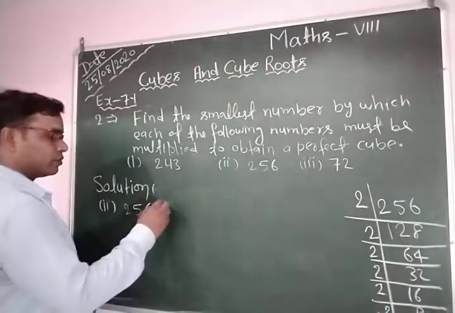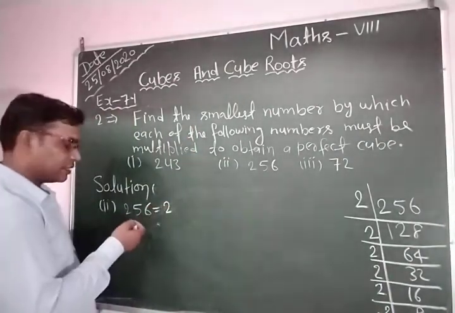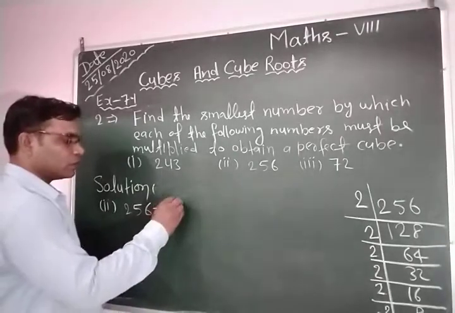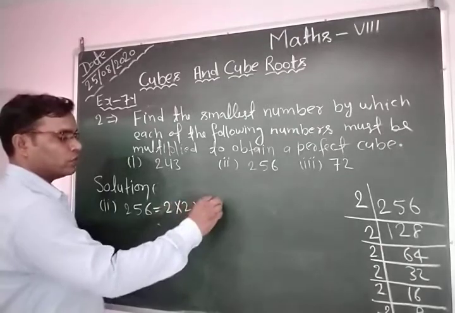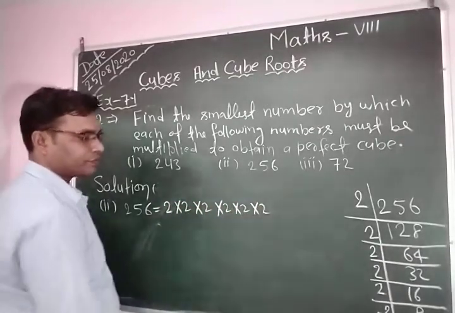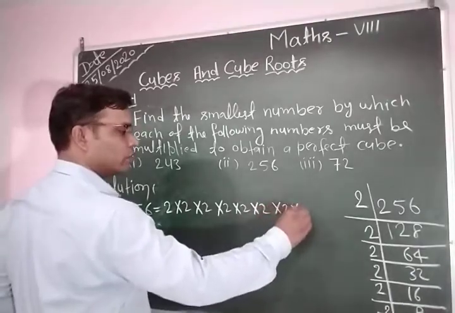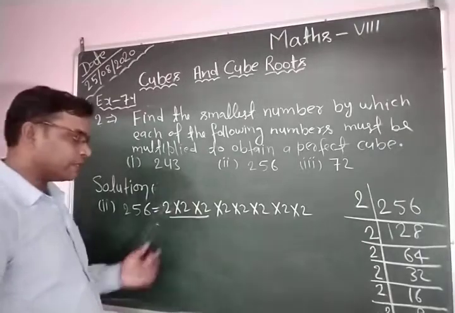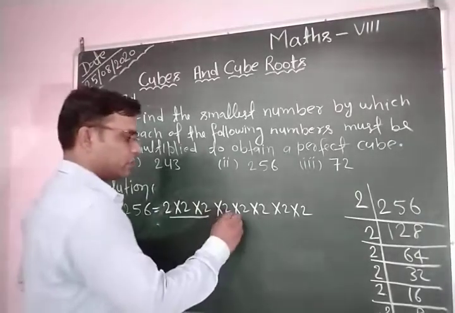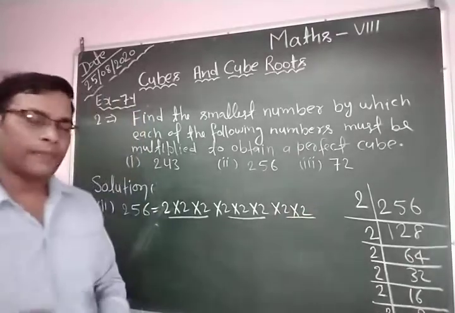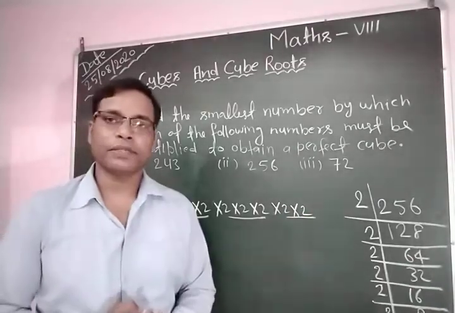So we can express 256 as a product of prime factors, 2 into 2 into 2 into 2 into 2 into 2 into 2 into 2. You can see here this is a group triplet, this is also a group triplet, but this is not a group triplet.